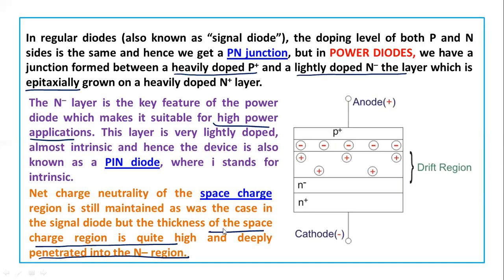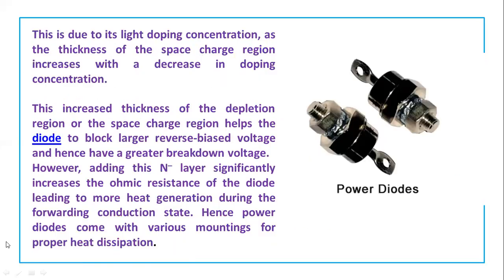You can see it's deeply penetrated into the N minus region. So the increased thickness of the depletion region, or space charge region, helps the diode.